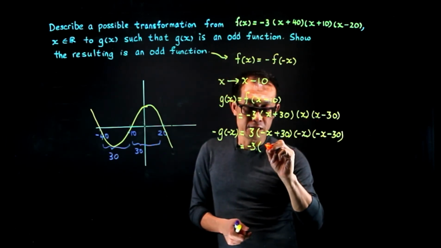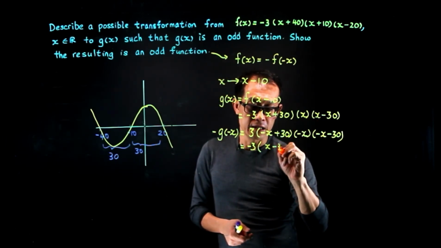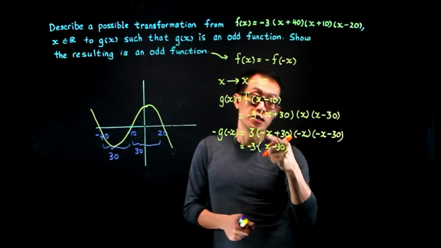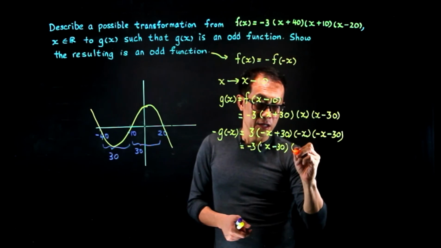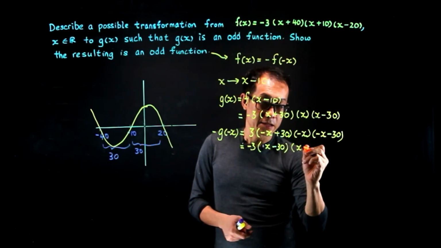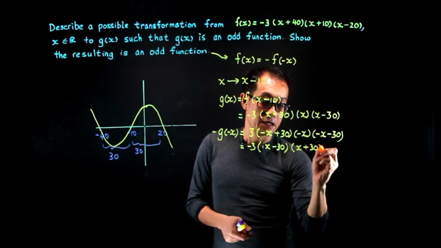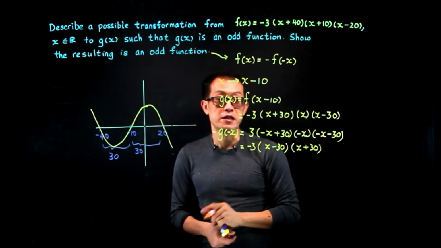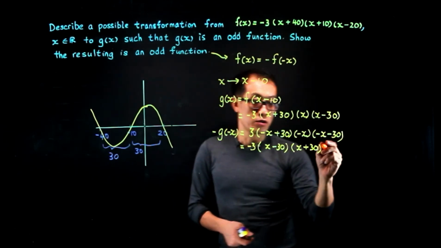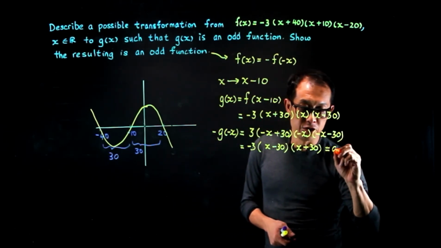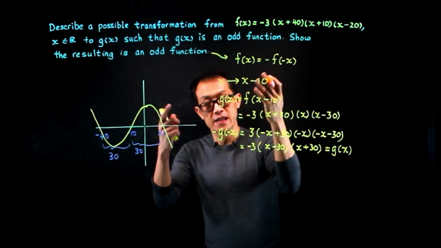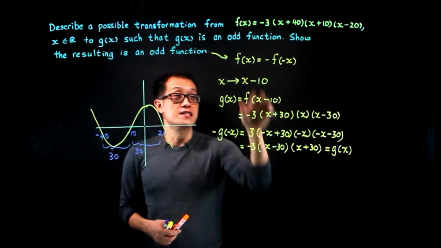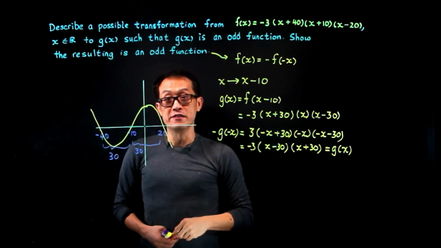This becomes x minus 30. Outside is actually minus, and then this one, you factorize minus out, will become x plus 30. But minus minus becomes positive. And then you find that this is equals to g of x. So we have shown that this is an odd function since it satisfies this criteria.